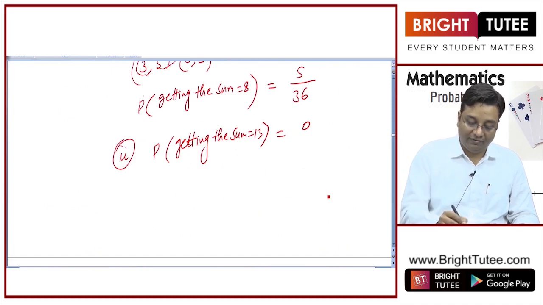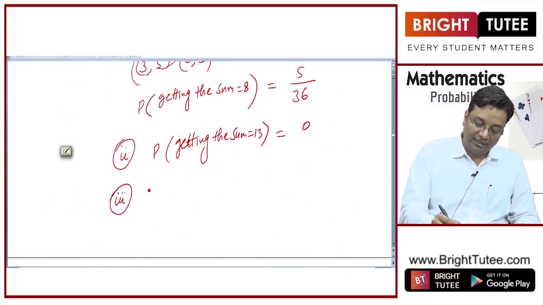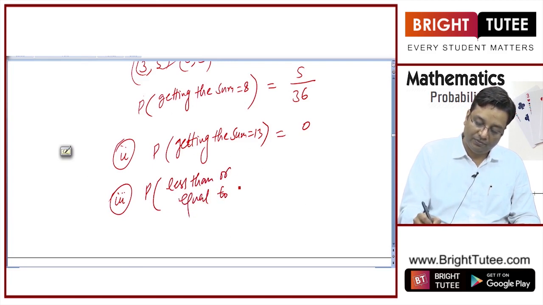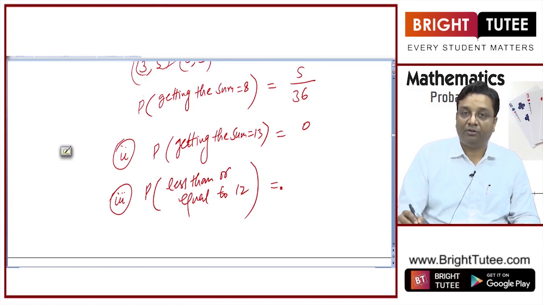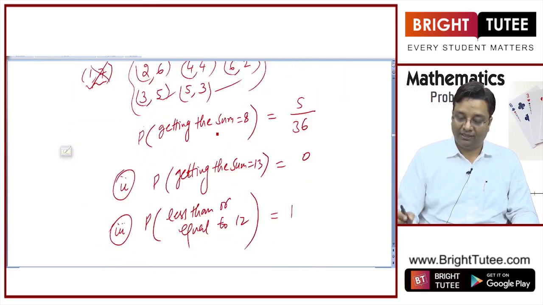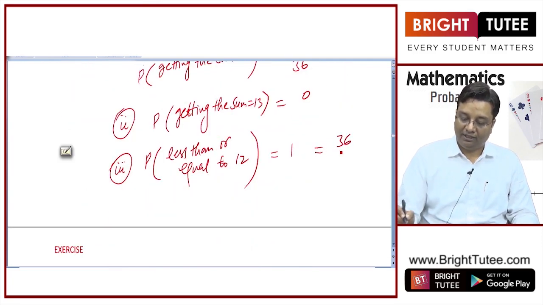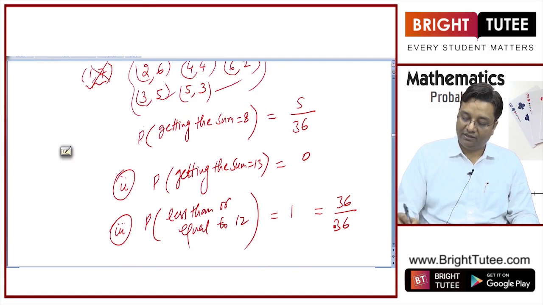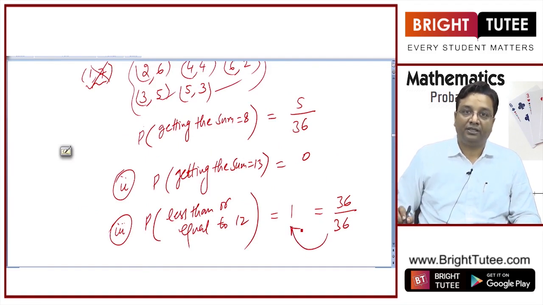So, it is a certain event that you will get a sum less than or equal to 12. So, the probability is going to be equal to 1 because all 36 cases are favorable cases, right. So, 36 by 36 you will get 1. So, this was about the probability of a certain event, right.